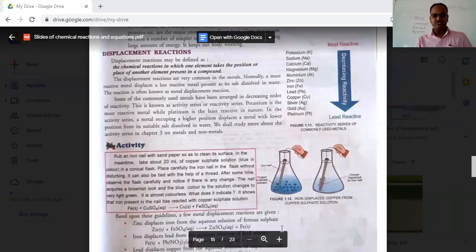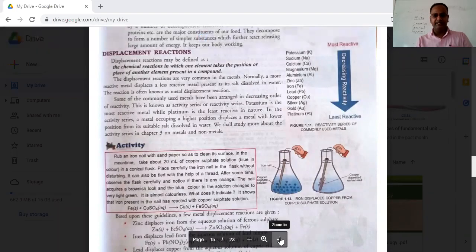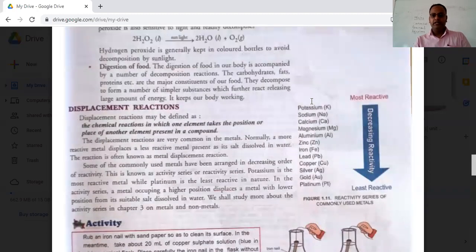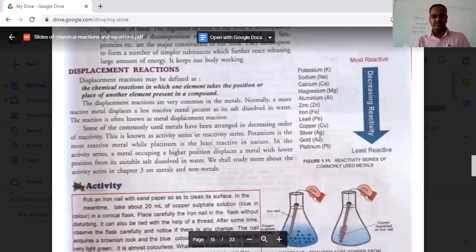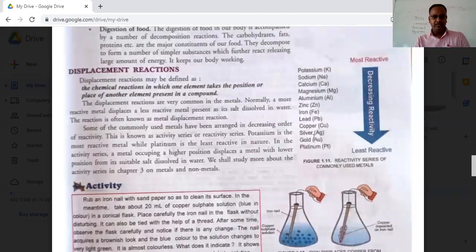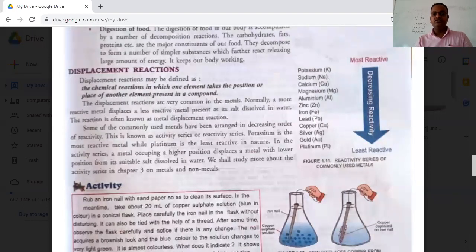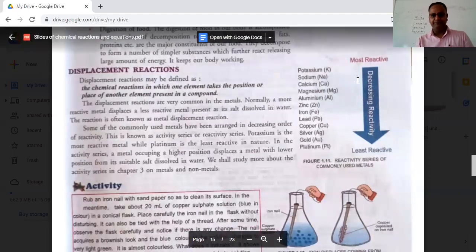Now student, in this diagram which you can see, the reactivity series is plotted. Now, what is this reactivity series? This is the arrangement of the metals according to their decreasing order of reactivity.